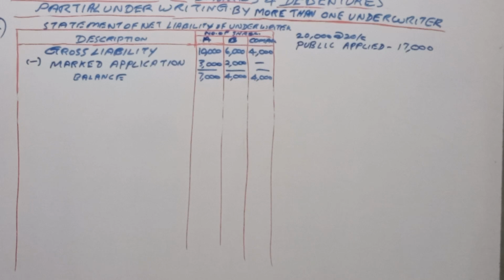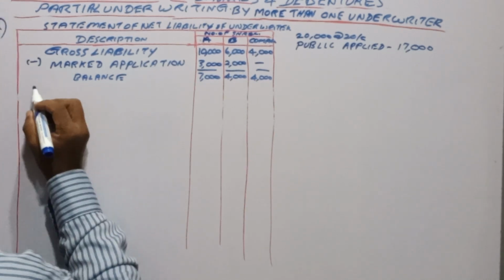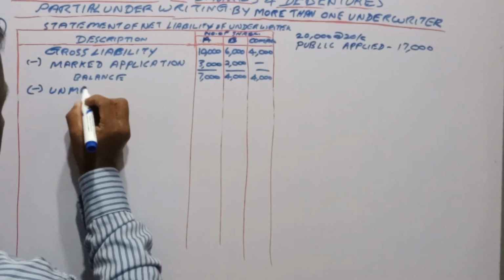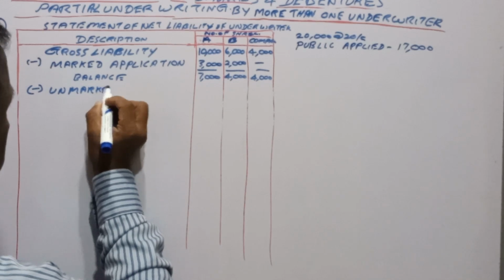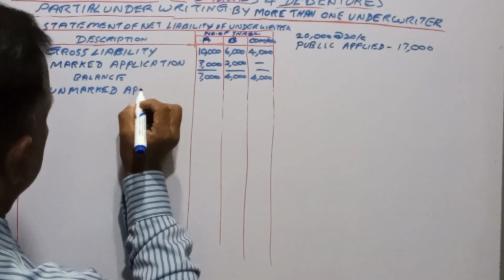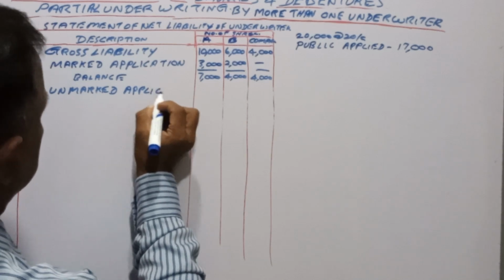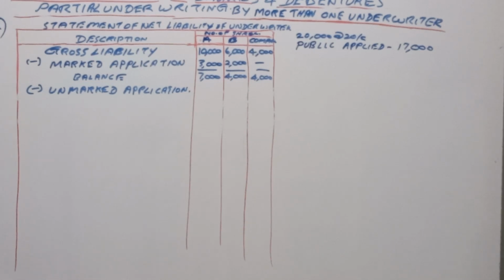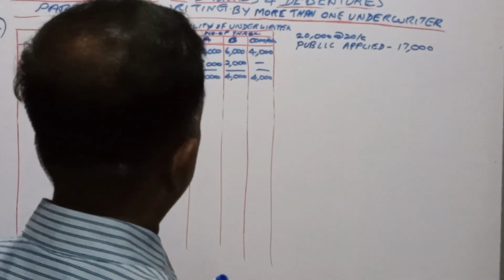Then we have to deduct the unmarked applications.